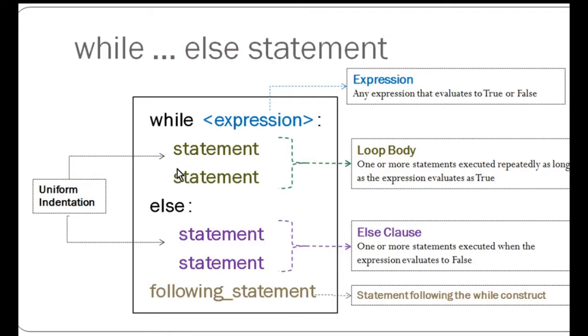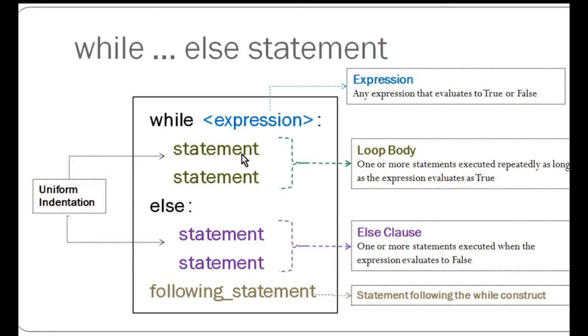You can see that all the statements which belong to one block are uniformly indented. Similarly, the statements belonging to one group are also uniformly indented. The expression will be evaluated to either true or false.